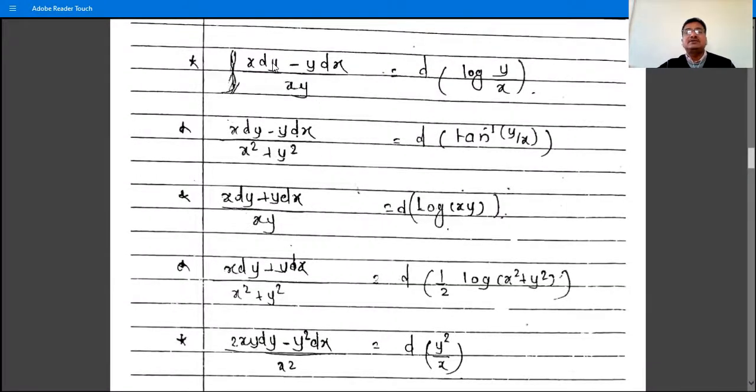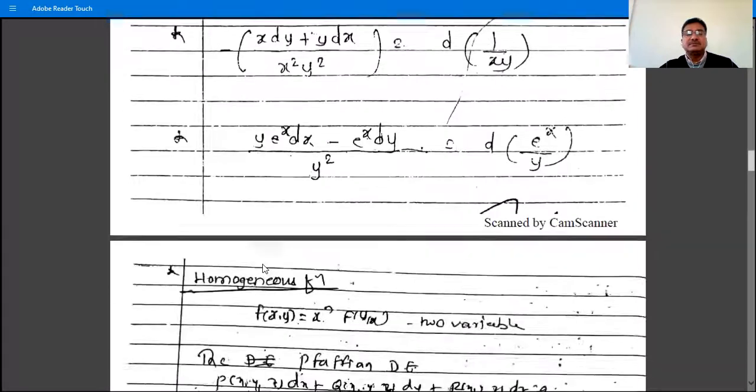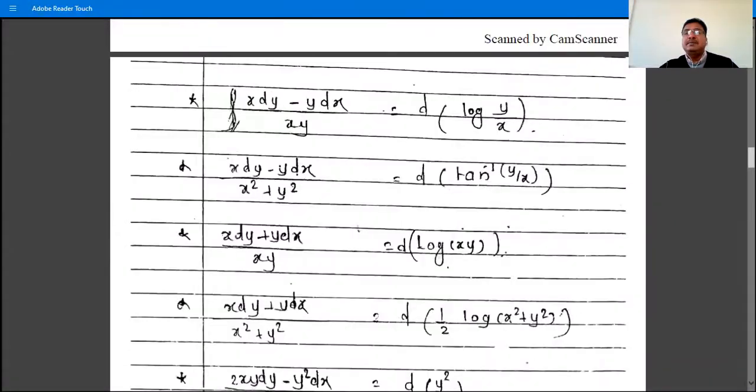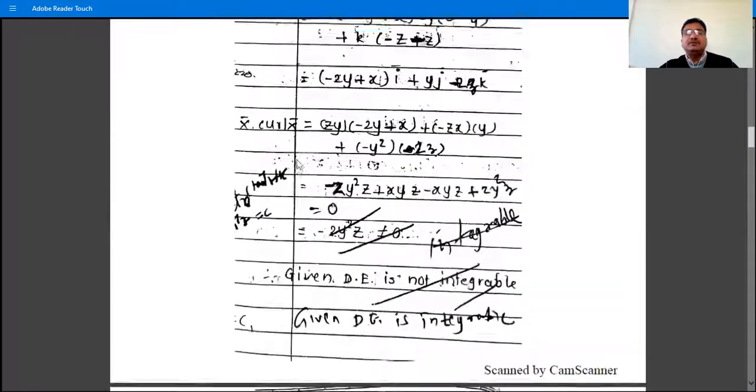So what are the tricks? (x dy minus y dx) divided by xy is the derivative of log(y by x). Similarly, (x dy minus y dx) divided by (x square plus y square) is the derivative of tan inverse (y by x). Or adjust the derivative of the denominator in the numerator. Okay, so use these tricks. So in this example, what is the function?